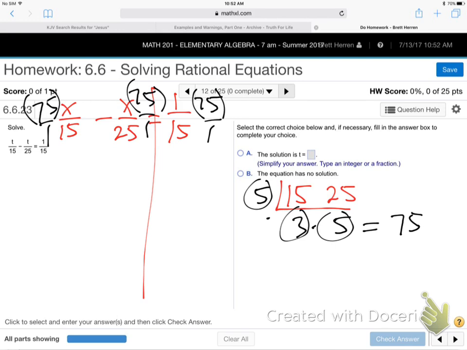Multiply through. Cross cancel and multiply whatever's left over, right? We're doing the same thing to the left and the right. 75 on all the terms on the left, all the terms on the right, keeping the balance.